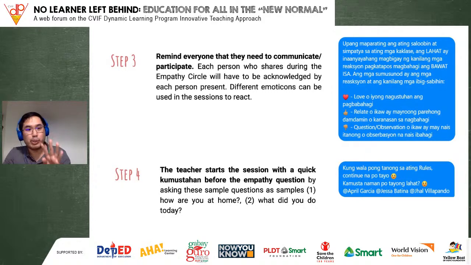And step 4 po is you start with a session with a quick kumustahan. Now, I understand that this seems to not be in concert with all of the technical conversations we had earlier on. But now more than ever, in speaking and in being in conversations with thousands of teachers, we have to recognize po that if we want our intervention to work, we need to recognize what's happening to the people in our community.